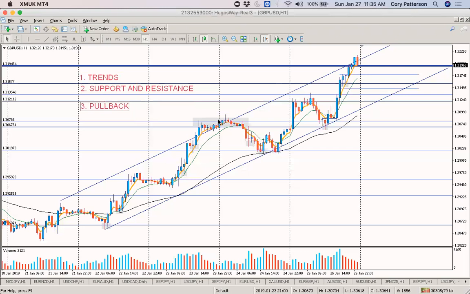Price is going in a direction, in an uptrend, but it pulled back down to this level. It pulled back to this point. And those are where you want to look to take the most accurate entries. Those pullback levels and swing points are where you're likely to get the best points of entry. Those are the safest points.